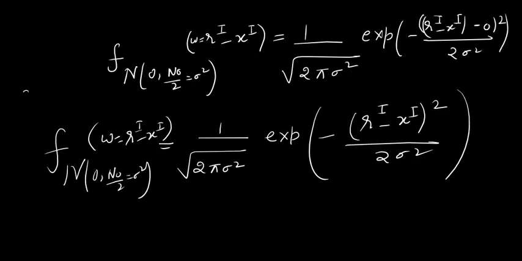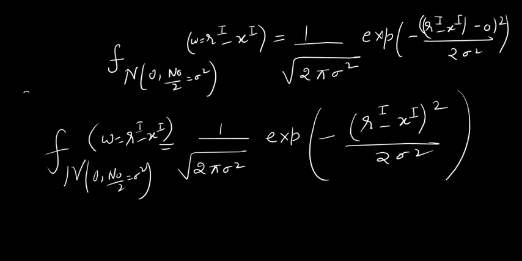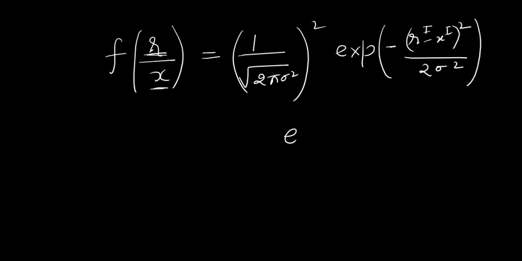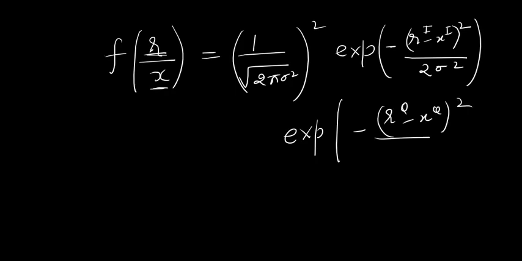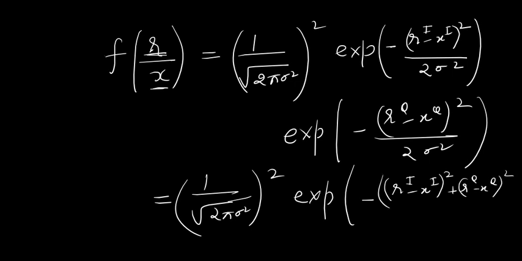We are just multiplying these two. Once you multiply, the exponentials add, because exponential of a into exponential of b is exponential of a plus b. Yes or no?